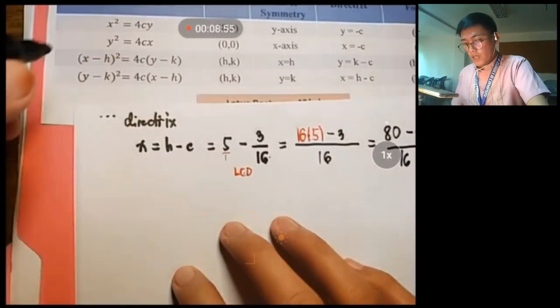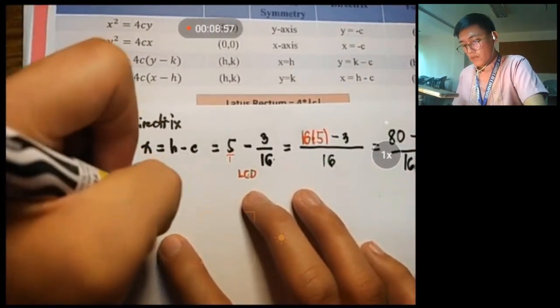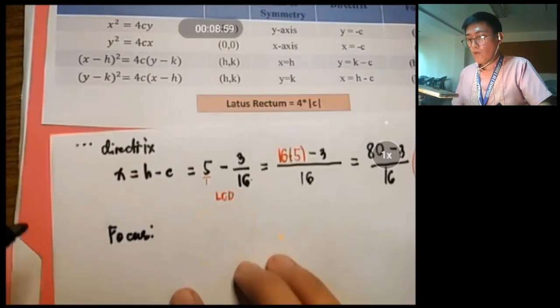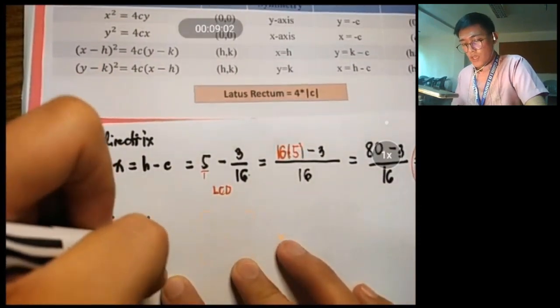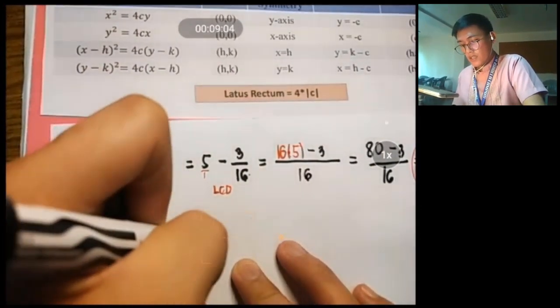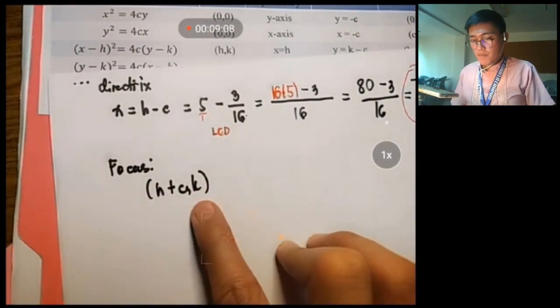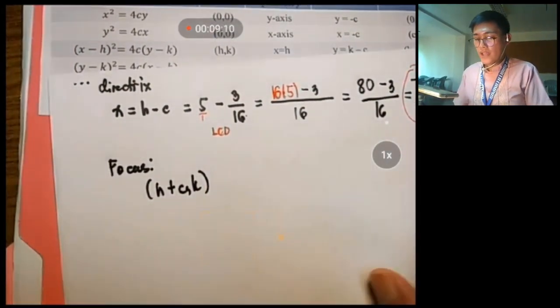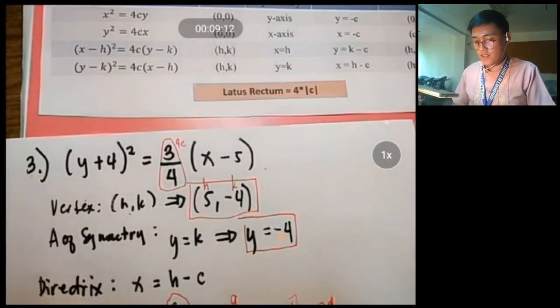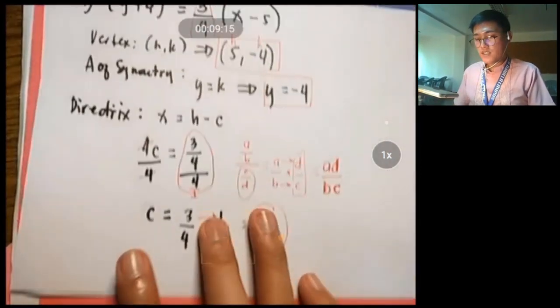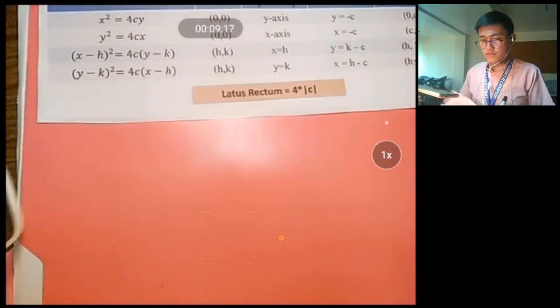All right, let's proceed with the focus now. Our focus has an equation of (h plus c, k), and we all know that our letter c is 3 over 16. Okay, let's proceed.